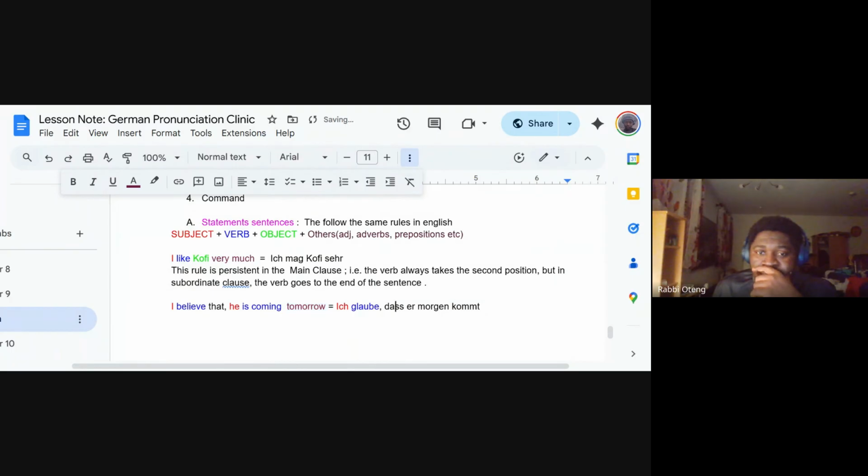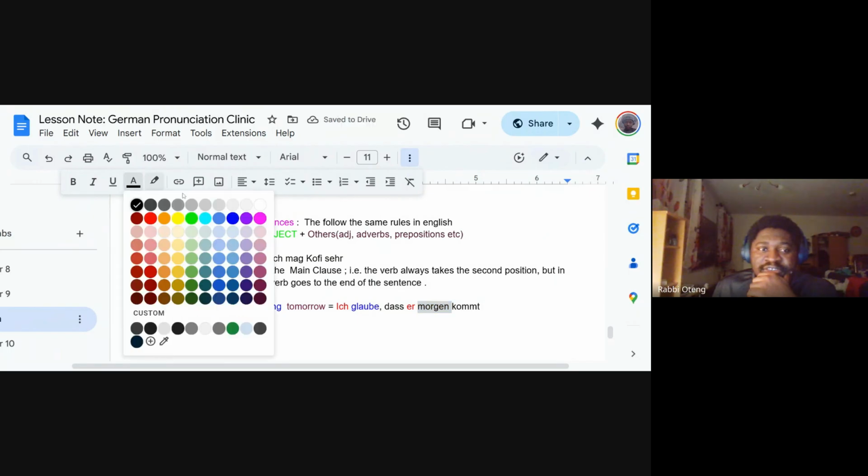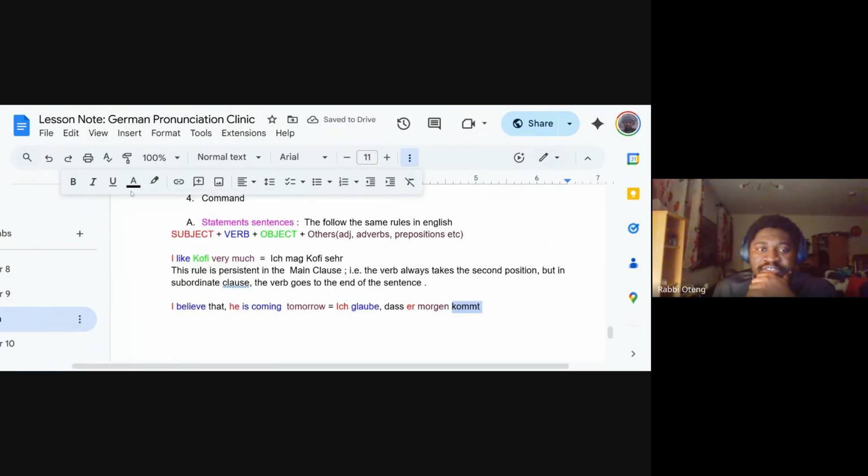But in German, in the subordinate clause, the subject comes, the others follow, then the verb goes to the end of the sentence. Basically, that's statement sentences.